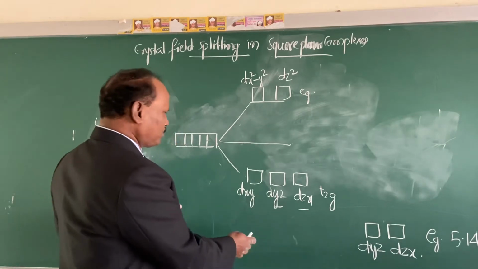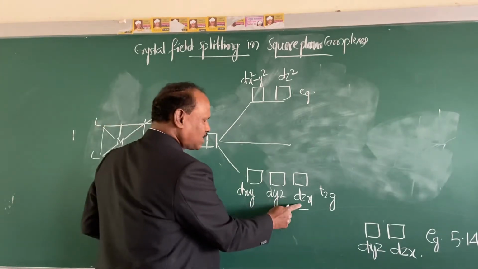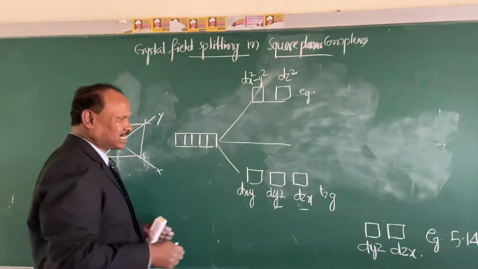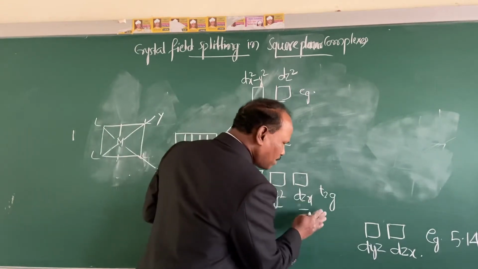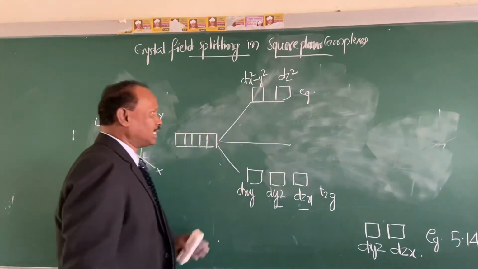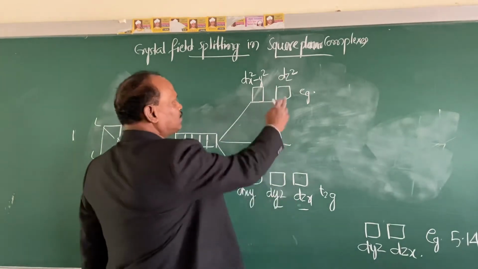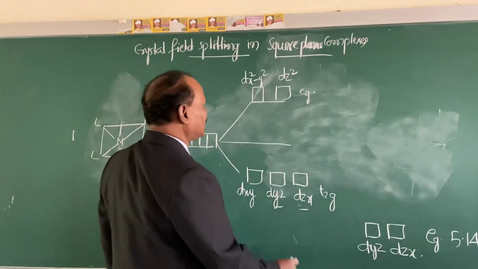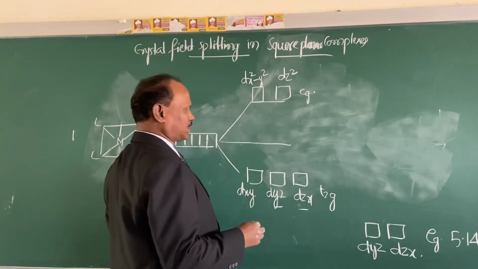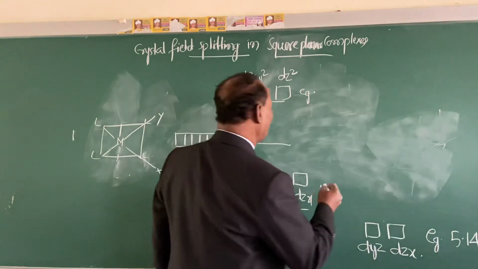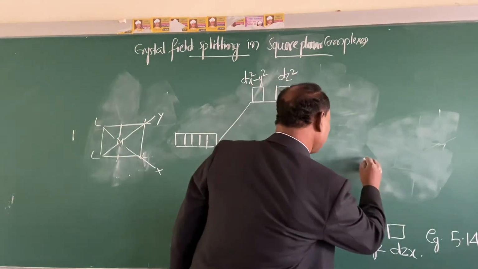So remember here, the dyz and dzx orbitals which are there along the z-axis suffer minimum repulsion and hence they are lowered in energy.